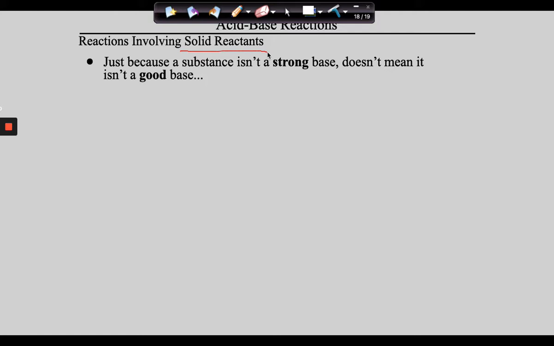Just because a substance is not a strong base does not mean that it can't be a good base. As a matter of fact, some of our very best bases are not strong bases.